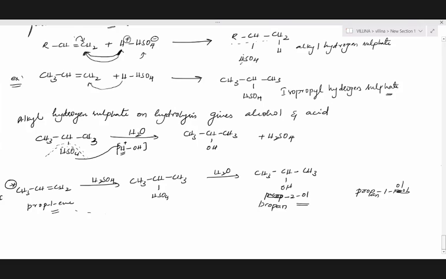So from prop-1-ene, we are converting into propan-2-ol. This is the importance of this reaction. From alkenes, we can convert them into alcohols by treating them with sulfuric acid followed by hydrolysis. This part is very important. How can we convert alkenes to alcohols? By treating them with sulfuric acid; subsequent hydrolysis will give us alcohols.